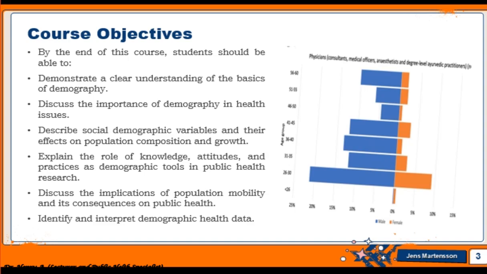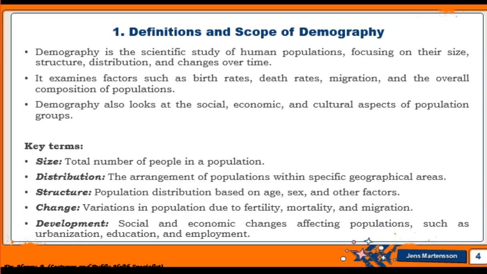You should be able to explain the role of knowledge, attitude, and practices as demographic tools in public health research. You should be able to discuss the implications of population mobility and its consequence on public health. You should be able to identify and interpret demographic health data.